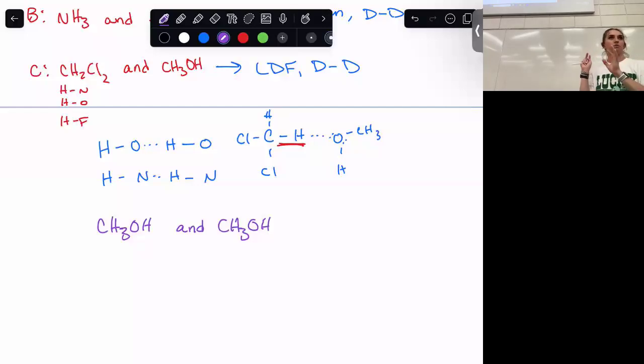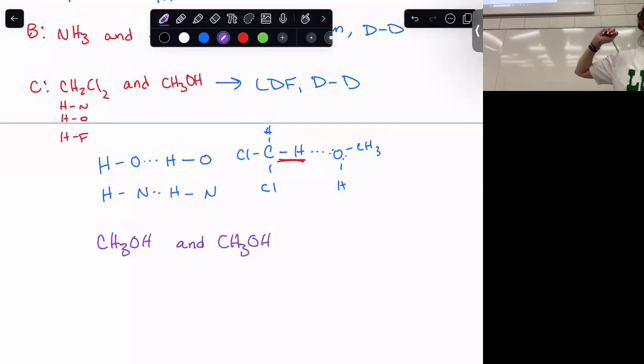Okay, does everyone see the difference between those two? CH2Cl2, is that a polar or non-polar molecule? Polar. That's tetrahedral, so the shapes are going to be all wonky. It's not two-dimensional, so those differences in electronegativities will cause an overall polar molecule. If both of them satisfy the HNHOHF, then they would be hydrogen bonds.